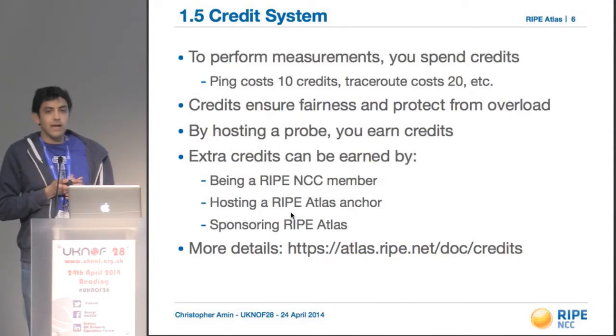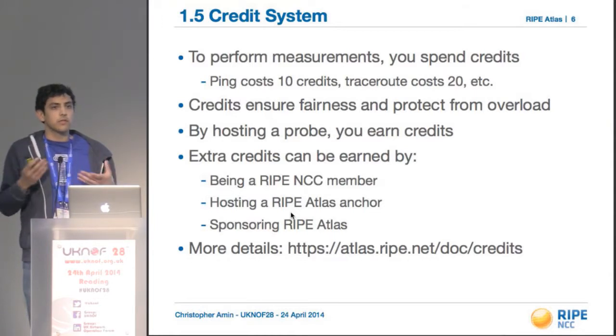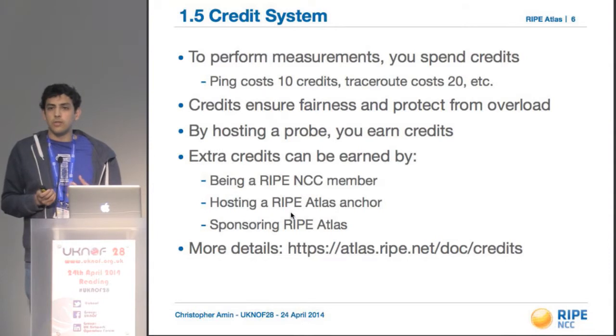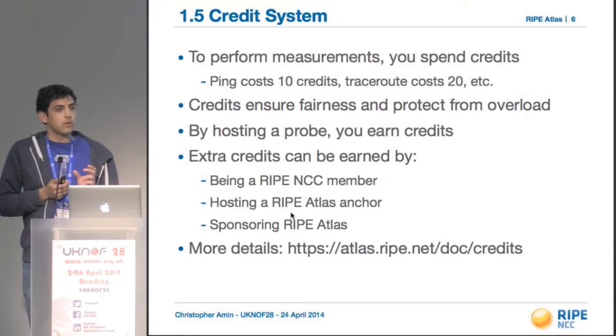As an aside, there's a credit system in place to make sure that the system is fairly used, to make sure we don't have big spikes, it's not overloaded. You get credits by hosting probes, and also as a RIPE member, you can request 1 million credits to start with, just to get you going and see how you can actually use the tool.